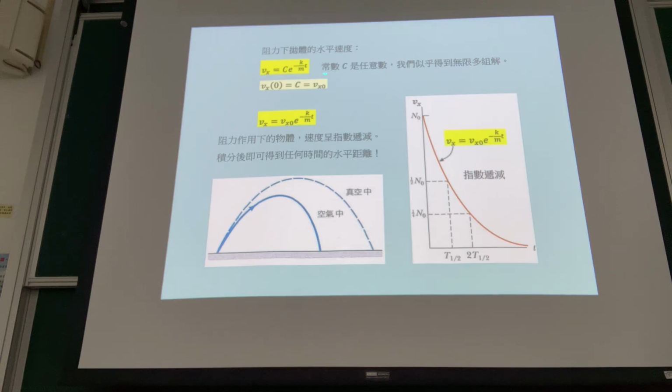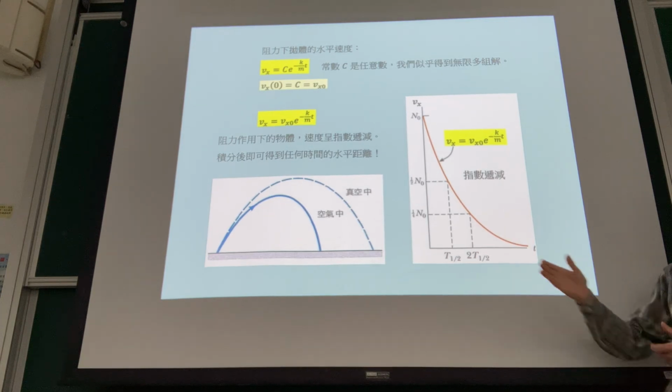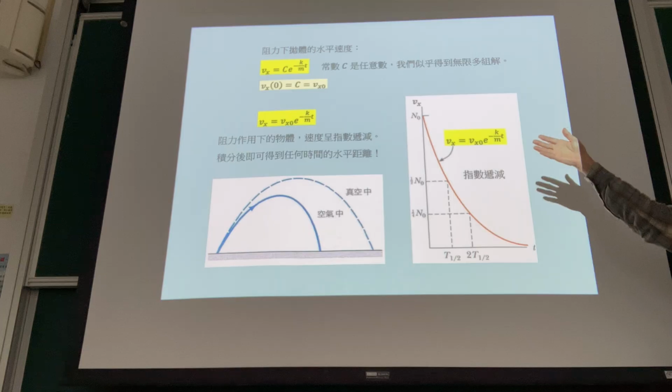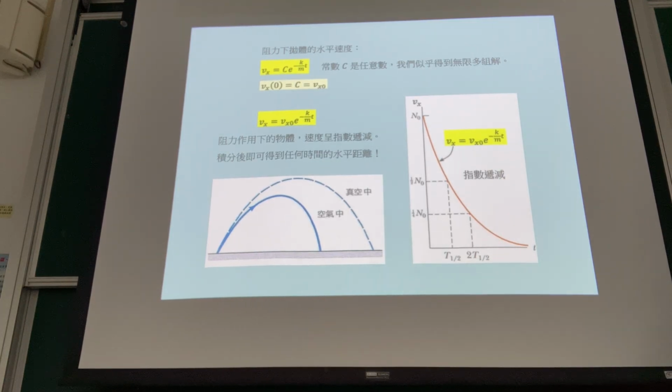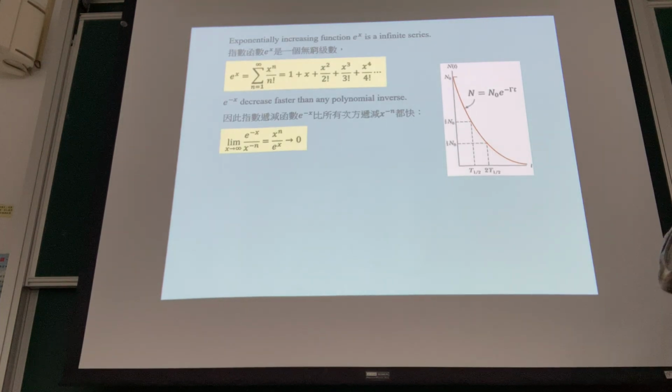Therefore, with the initial velocity given, I can write down the solution right away. Vx equals Vx0 times exponential of minus k over m times t. And all the earlier discussion can be applied here: decrease by half, and half times the same, and so on. I don't need to tell you a second time. That's the beauty of mathematics.